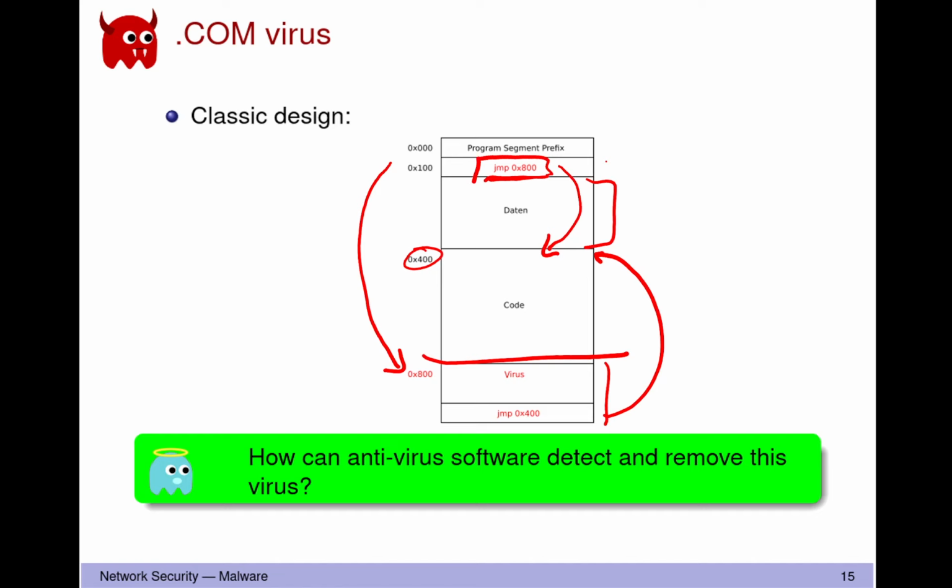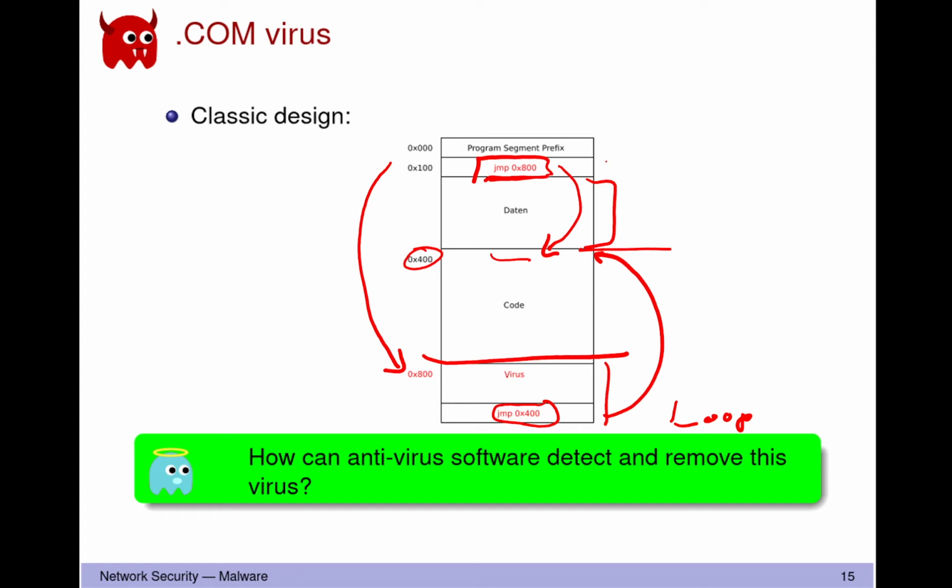So you could come up with some kind of rules, for example if you always end with a jump back to the very beginning of the regularly executable part. That might also be suspicious. I mean, obviously you can also have regular files that start here and have a loop at the end. So your signature, your pattern, would also cause them to be identified, although they are probably not malicious.